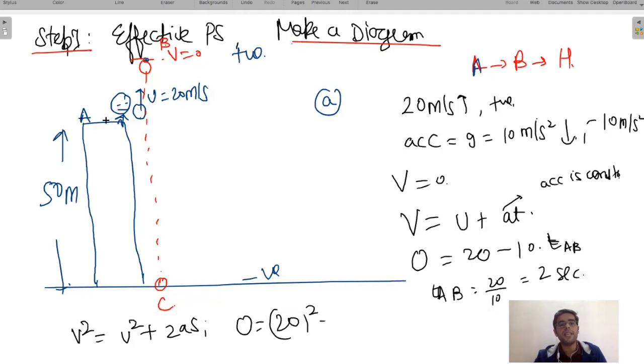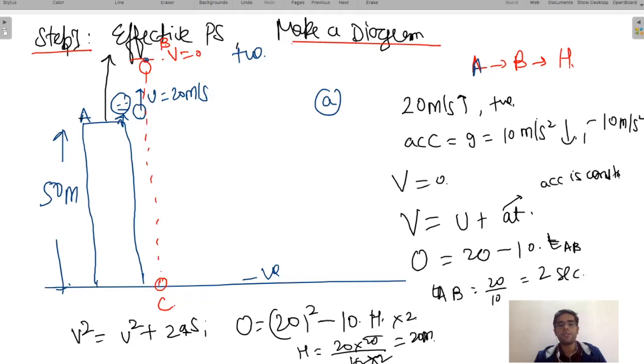So displacement is A to B, this is going to be the direction of displacement. So minus 10 into H. Okay, so H comes out to be 20 into 20 upon 10 into 2, that is 2as into 2. So this comes out to be 20 meters.